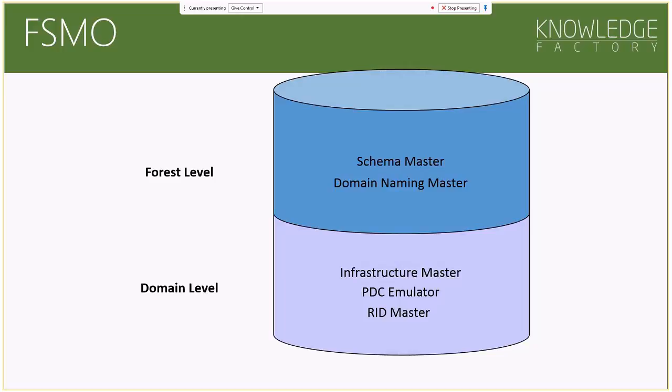That's because, due to latency in replication, different DCs will disagree for a time on who holds the role. To avoid problems, the 2 following conditions must be met. 2 domain controllers must not assume a role at the same time. A domain controller that assumes a role must contain an up-to-date replica of the role object.